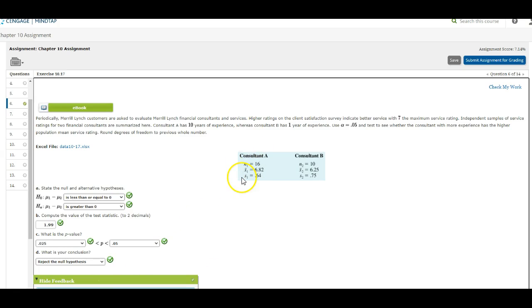So consultant A's rating is significantly higher than consultant B's rating. Of course, we're using pretty small sample sizes here.